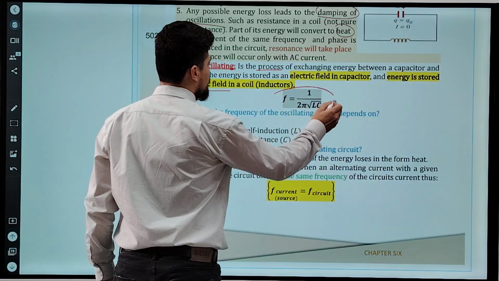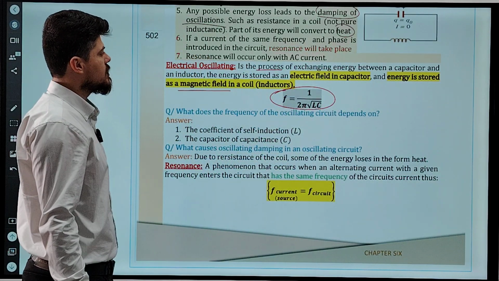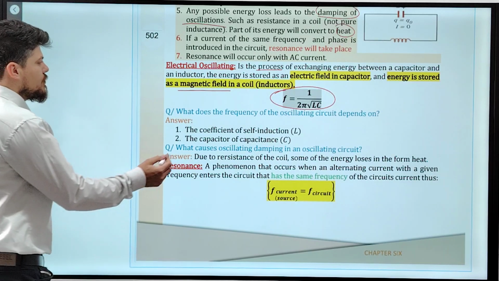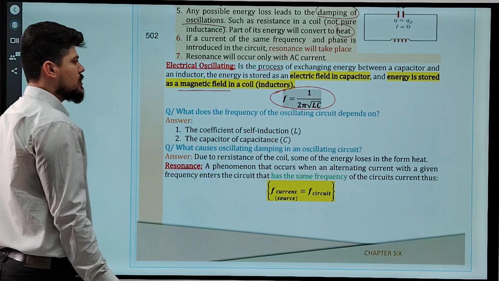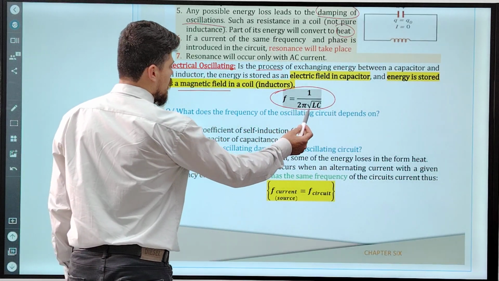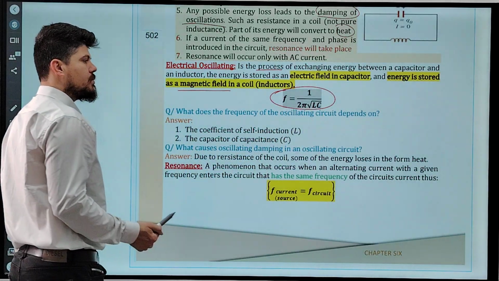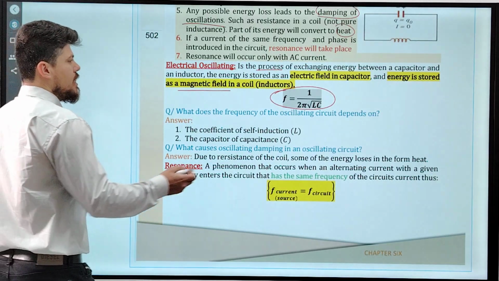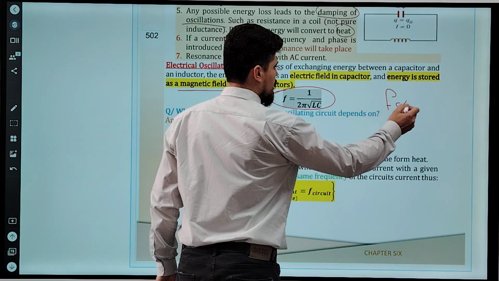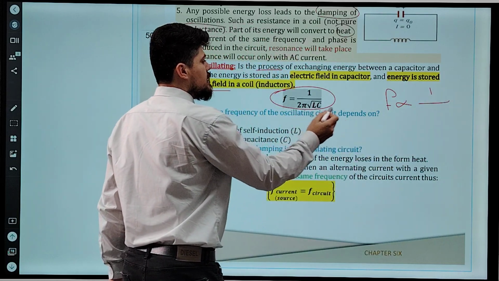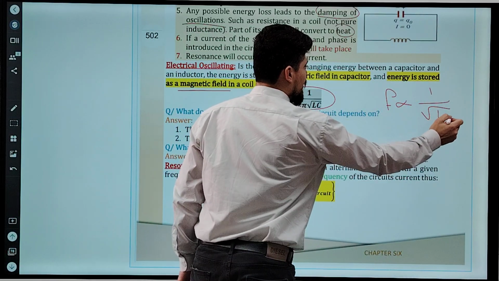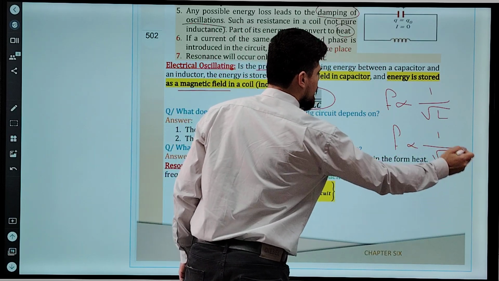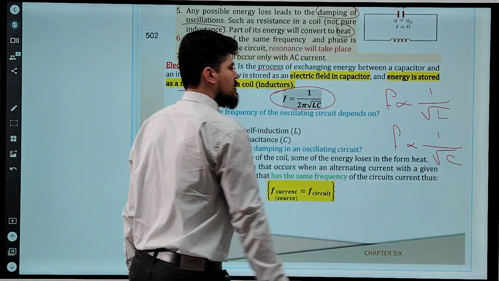So the frequency can be found by using this equation: frequency is equal to 1 over 2 pi root LC. What does the frequency of the oscillating circuit depend on? It depends on the coefficient of self-inductance and the capacitance of the capacitor. Frequency is inversely proportional to the root of L, and also inversely proportional to the root of C. What do you mean by that?